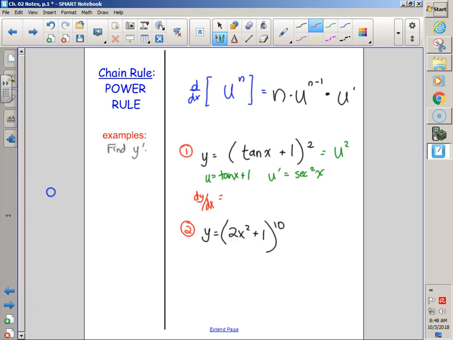According to this power rule up here, how do I take the derivative of u squared? 2u times u prime. U prime, which is going to be 2 tangent of x plus 1 times secant squared of x. Could we rewrite it to make it prettier? Sure. Should you be able to make it match with that? Yes. Okay.